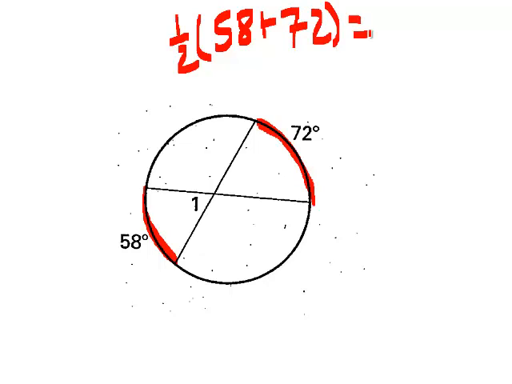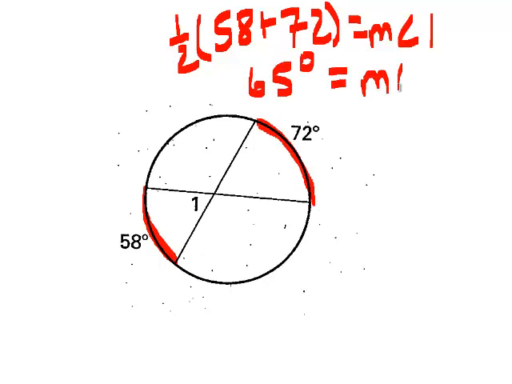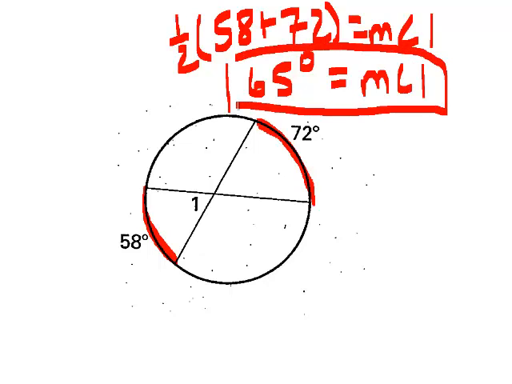That equals measure of angle 1. So when you do this, we get 65 degrees equals the measure of angle 1. And we're done. So add the two arcs that are intercepted together, divide it by 2 or times it by 1/2, and that will give you the actual angle measurement. And again, don't forget vertical angles, because that angle measurement here can be found.